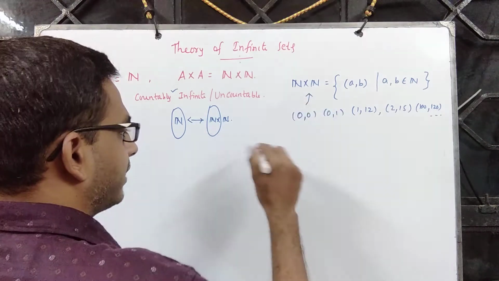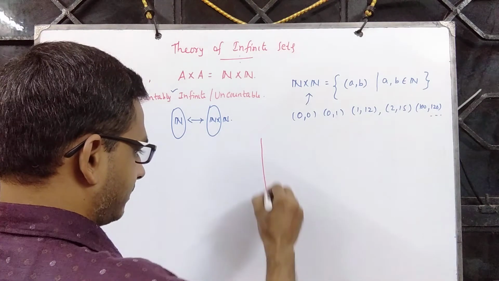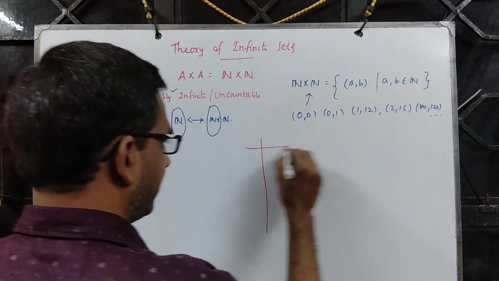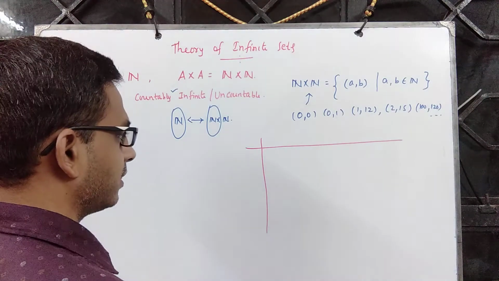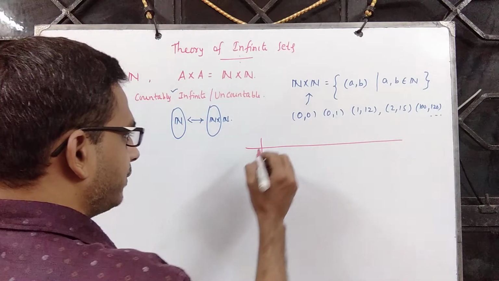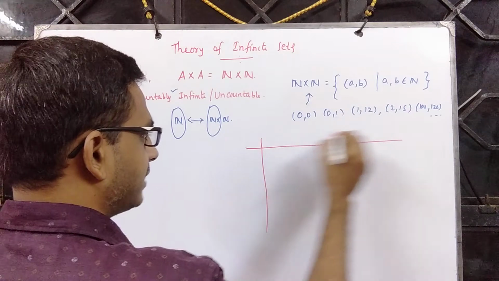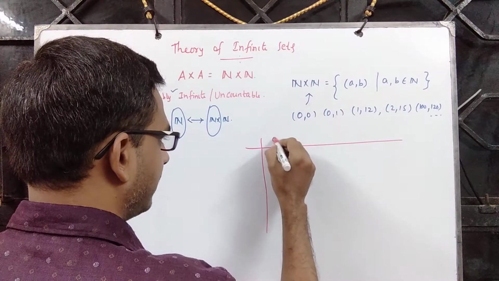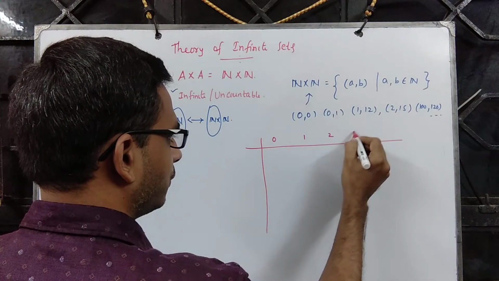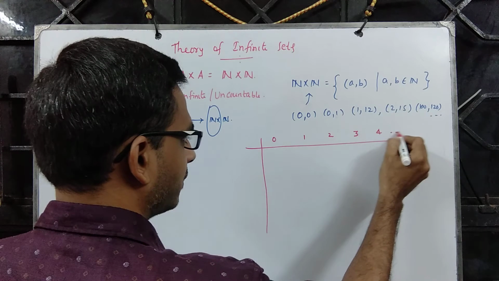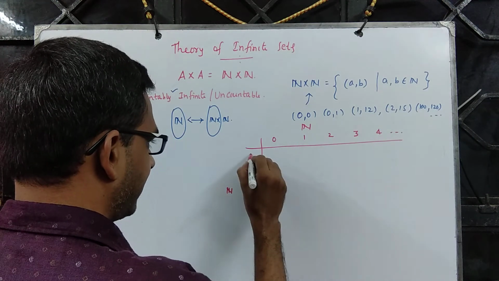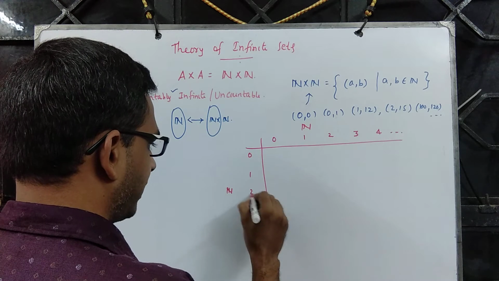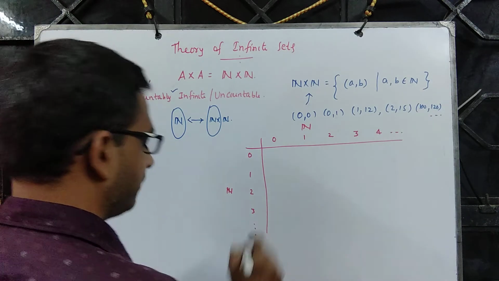The cross product can be listed like a matrix, something that we have been using at many places. So what we will do is, let me list one N on this side: 0, 1, 2, 3, 4 and so on. And on this side, I again list 0, 1, 2, 3 and so on.